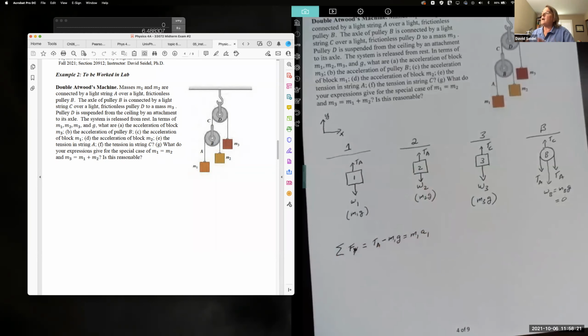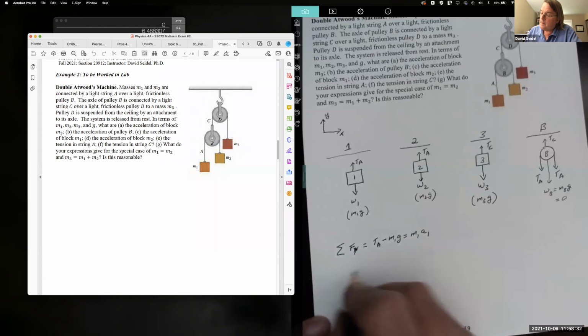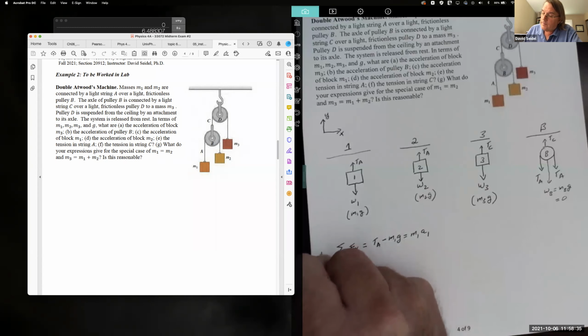I'm not putting a sign value in here yet. I'm just saying it's M1A1. We're going to end up with negative or positive signs depending on the masses. Okay, so this is number 1.